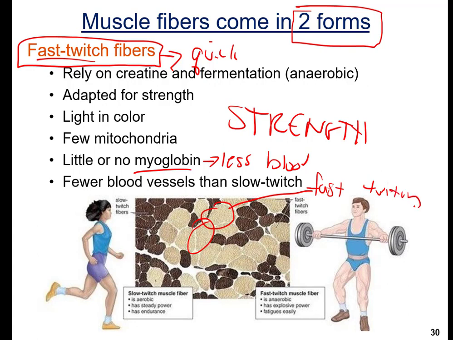Fast twitch relies more heavily on the creatine and the fermentation ATP pathways, primarily anaerobic. So if you're practicing sprinting or powerlifting, or you need those quick bursts of energy, you could train your muscles to have more of these fast twitch fibers.